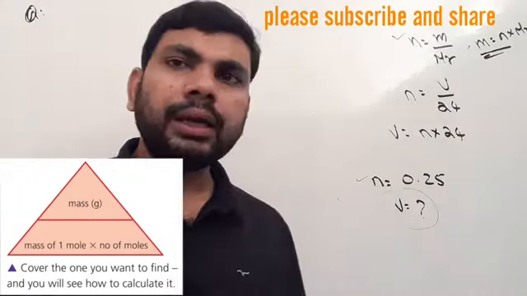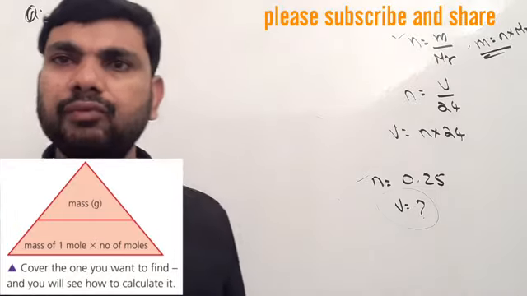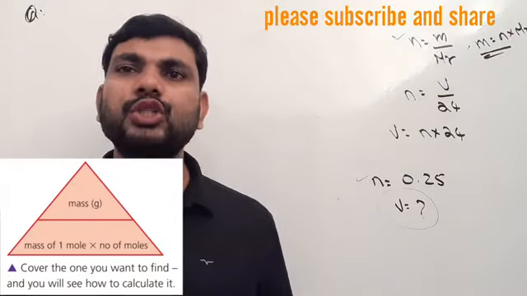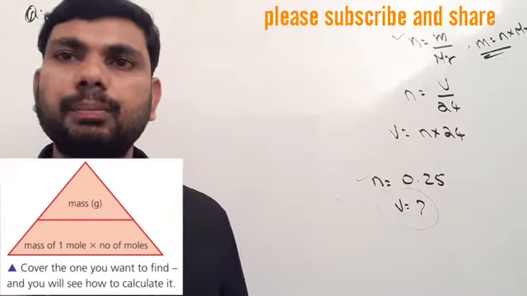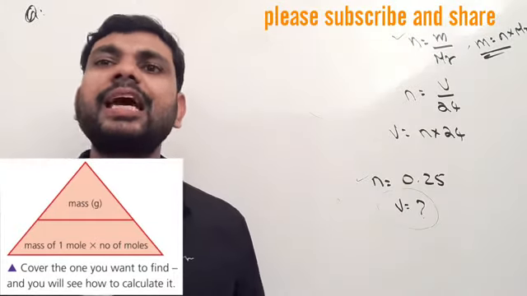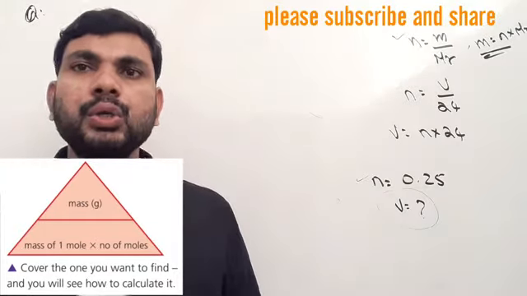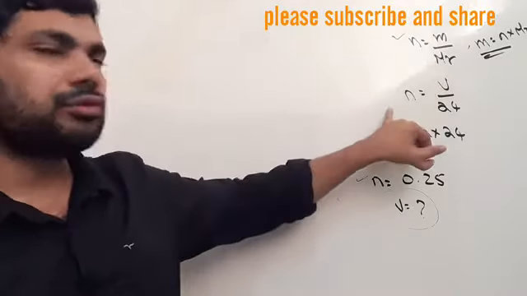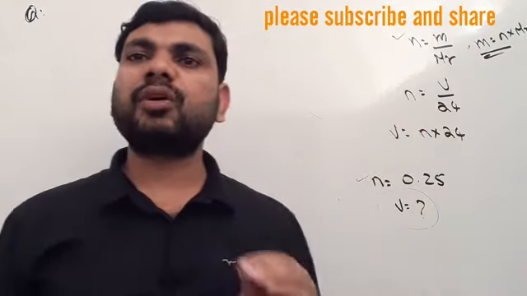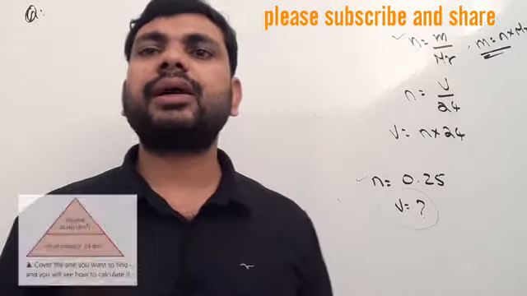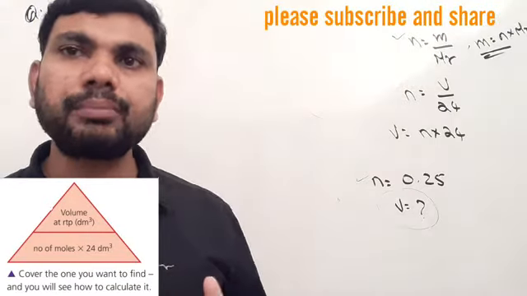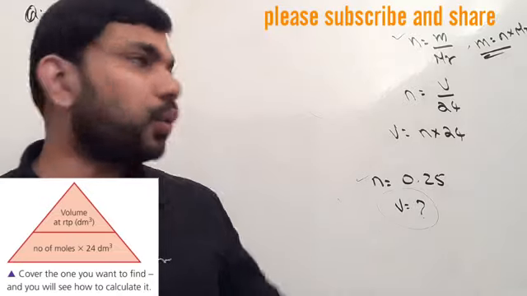This is for chemical reactions which involve gaseous particles. So here we are talking about calculation of number of moles for gaseous particles only. You have to remember another equation: number of moles is equal to volume divided by 24. Why 24?